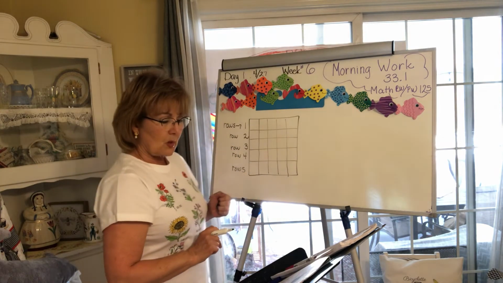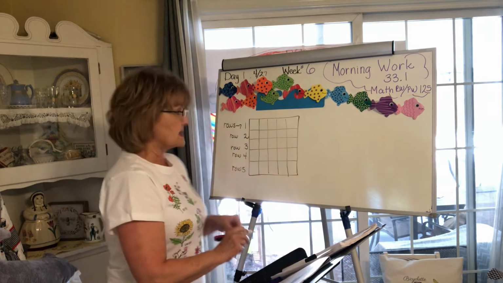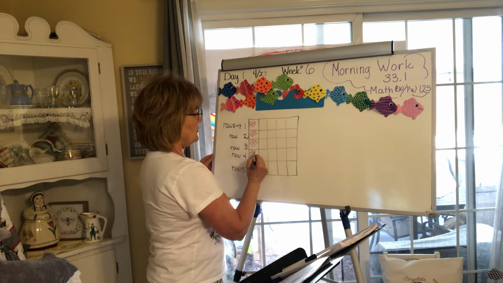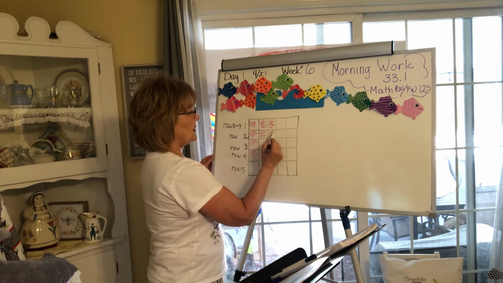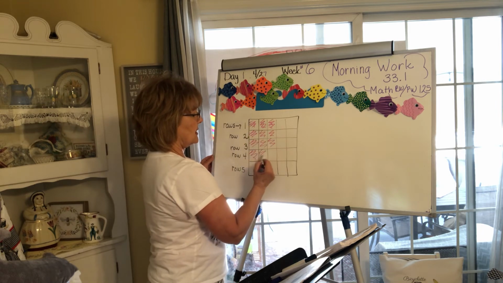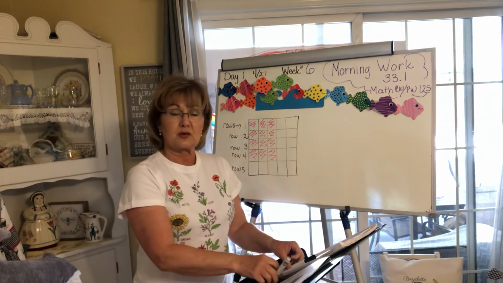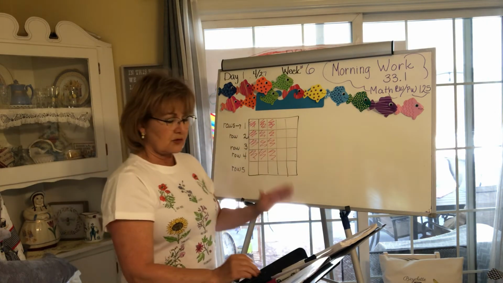And so number 1 says 4 rows of 3. So you'd want 1, 2, 3, 4 rows of 1, 2, 3, right? 4 rows of 3. Yours will look better, but that's basically what it looks like that you color. You color 4 rows with 3 in each row.